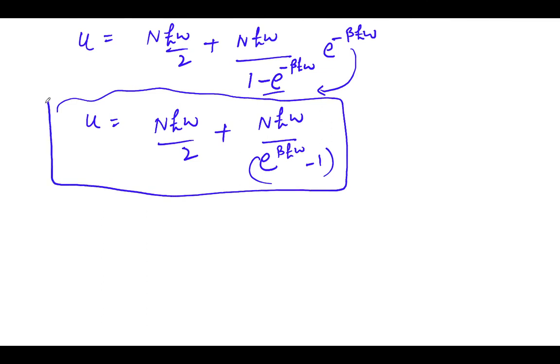Now if you check, the value of U is always coming greater than the value of h bar omega over 2. So this clearly indicates that the harmonic oscillator in the quantum mechanical treatment does not obey the equipartition law.